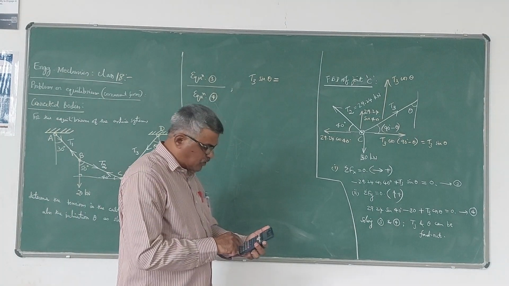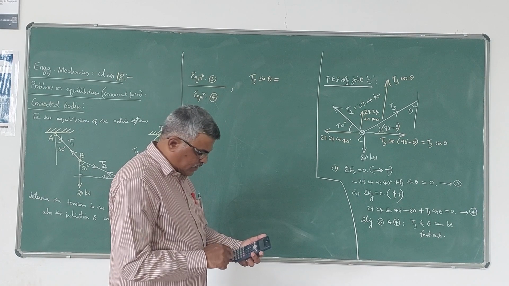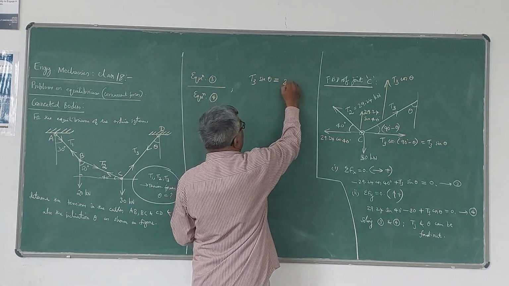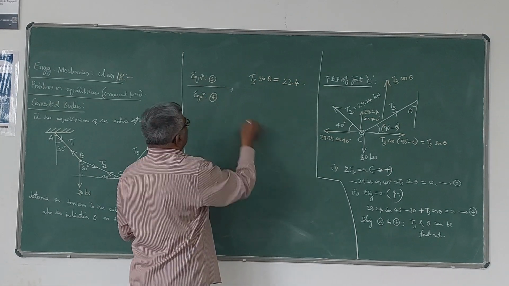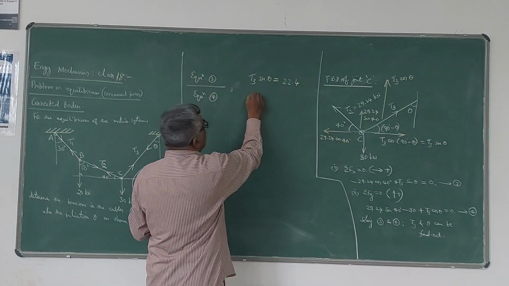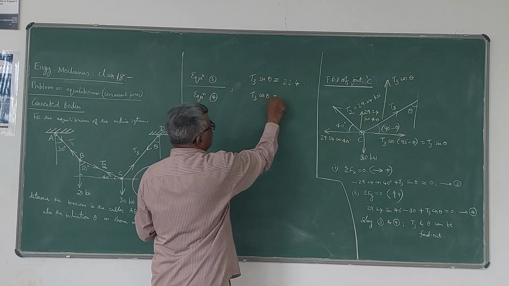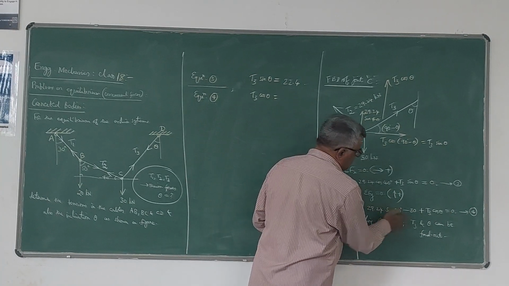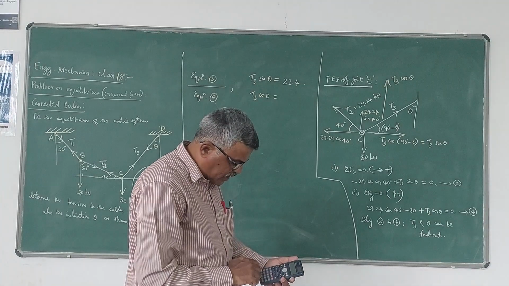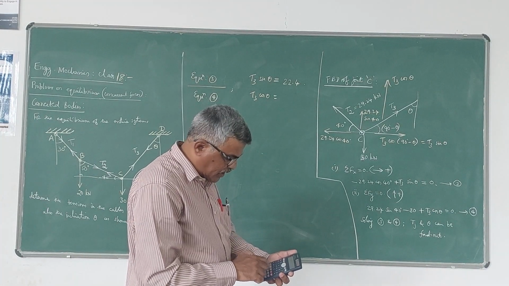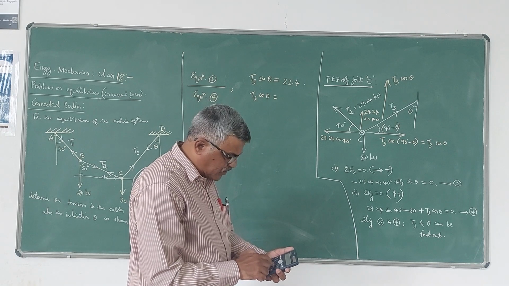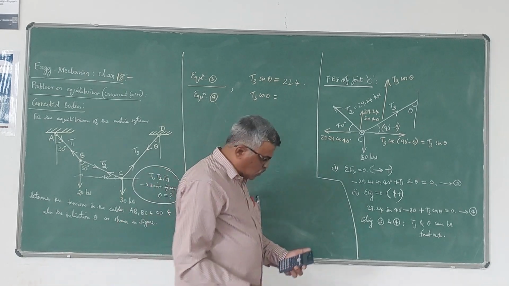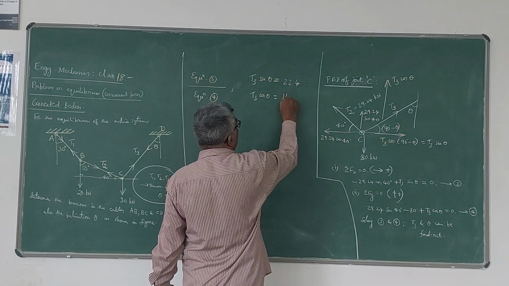So 29.24 into cos 40 is 22.399 or 22.4. You can take 22.4. Similarly, from equation 4, T3 cos theta will be, so you have to bring this to that side. So once again this becomes negative, this becomes positive. So that is 30 minus 29.24 into sin 40, which is 11.2. So this is 11.2.